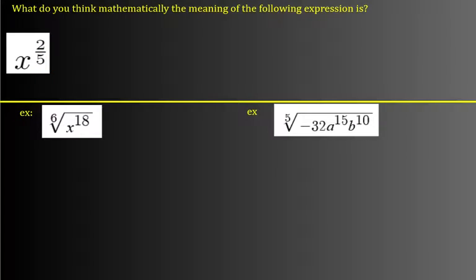So I'm going to do the 2 in blue and the 5 in green. I can think of this two ways. I can think of it as x squared and then raised to the 1/5, or the 5th root of x squared. That is one way to think of it.